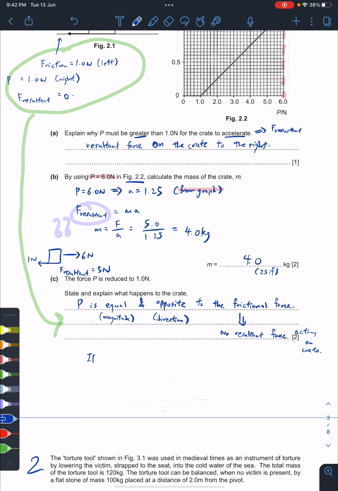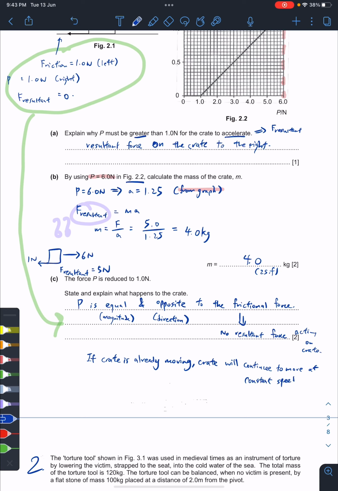So if your crate is already moving, your crate will continue to move at constant speed.